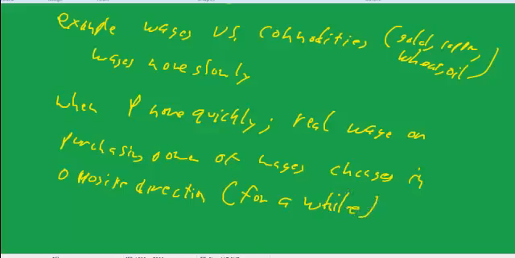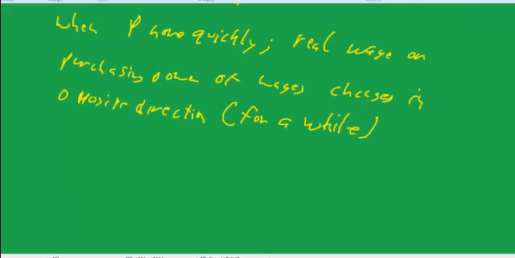This purchasing power of wages, or the real wage, is sometimes written as W over P. And so when prices rise suddenly, the wage itself will be sticky, so the real wage will go down.